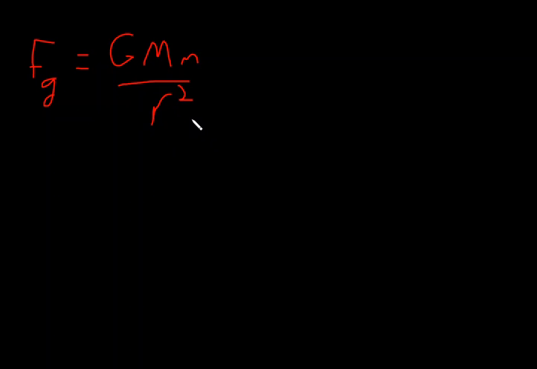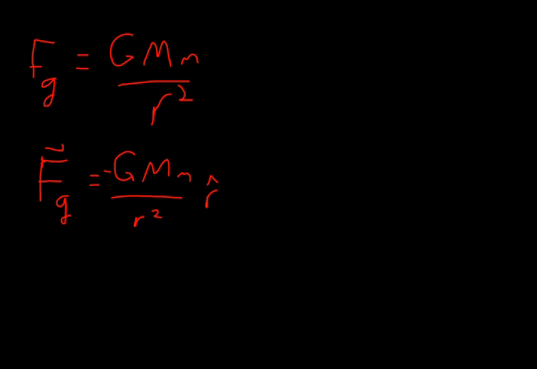Okay, so now we know that force is a vector, right? And so we can write this in a vector equation like this. F of g vector is equal to negative G big M little m over r squared, times r hat. We're going to throw a negative sign in front of it, and I'll explain that.